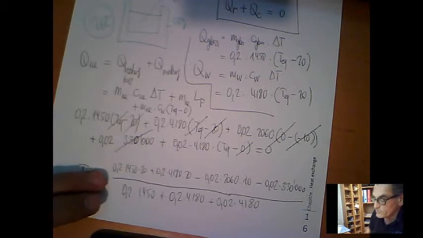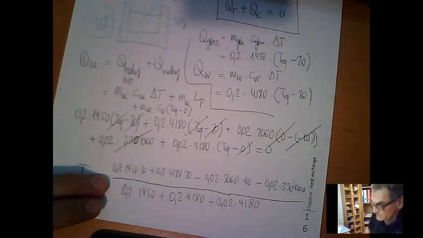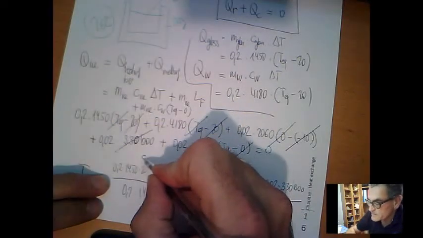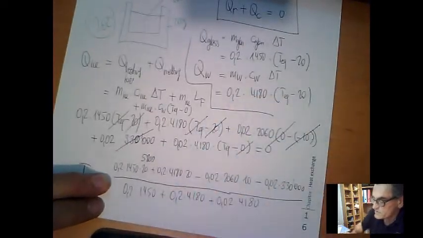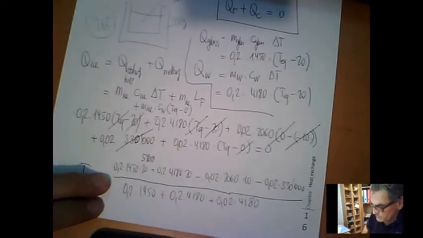If one of you wants to compute it too, do it. So this is 0.2 times 1450 times 20, which is 5,800. Then we have 0.2 times 4,180 times 20.